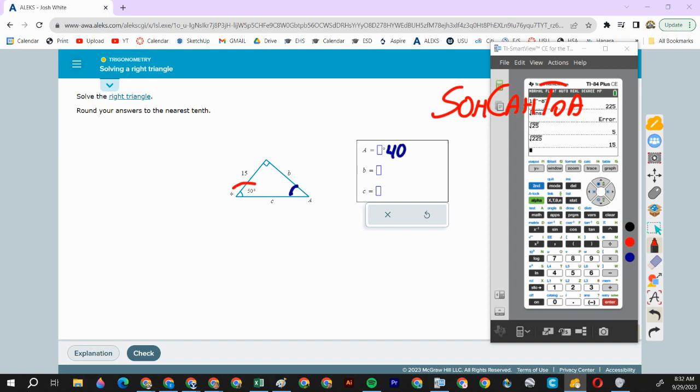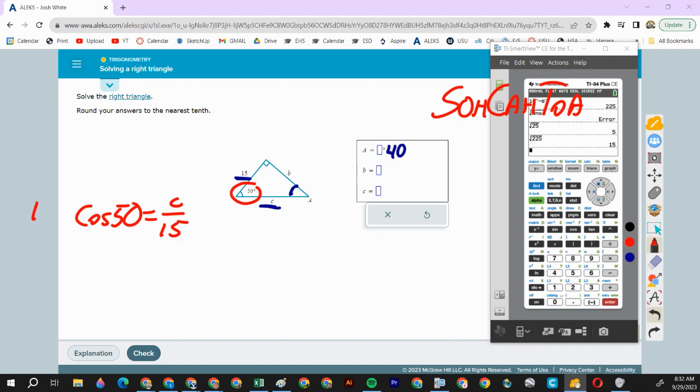Let's choose this as my theta. What trig ratio uses C and 15? Cosine. The cosine of 50 equals C over 15. Is that a multiply or a switch?